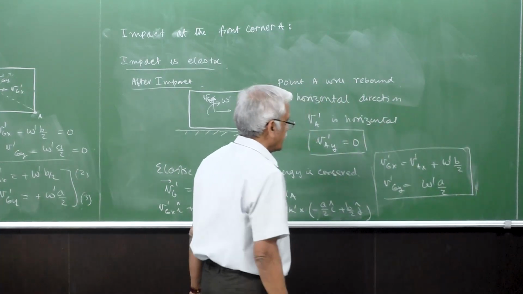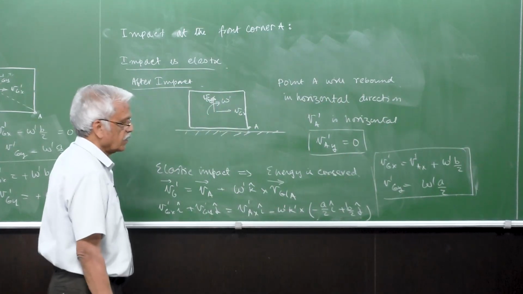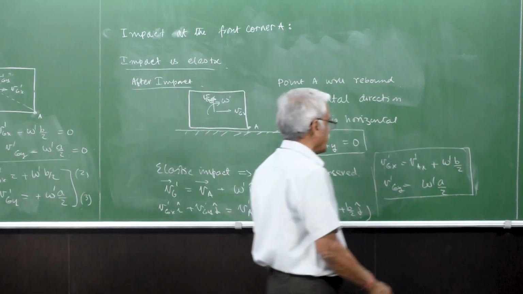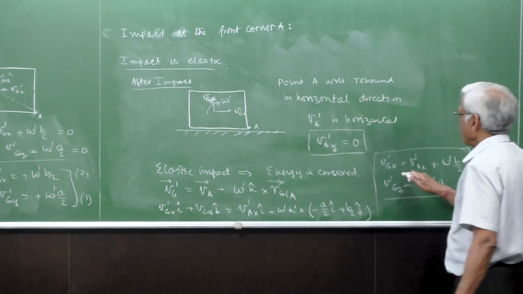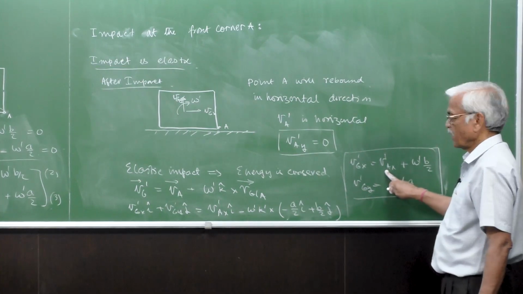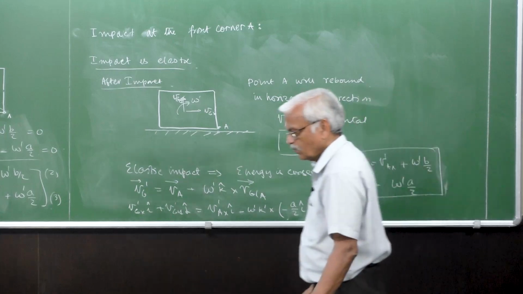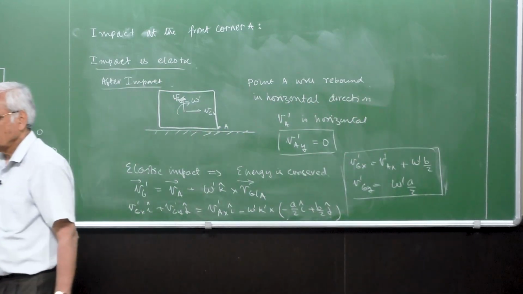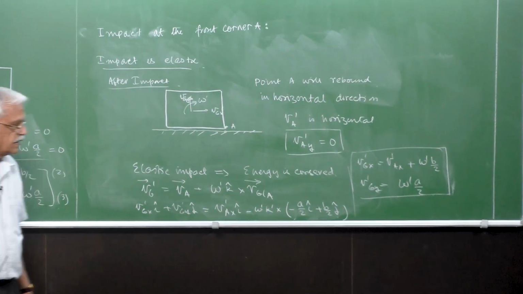So these are the two constraint equations, where we have been able to express V_Gx and V prime Gy in terms of V prime Ax. Okay, so these things are taken care of.